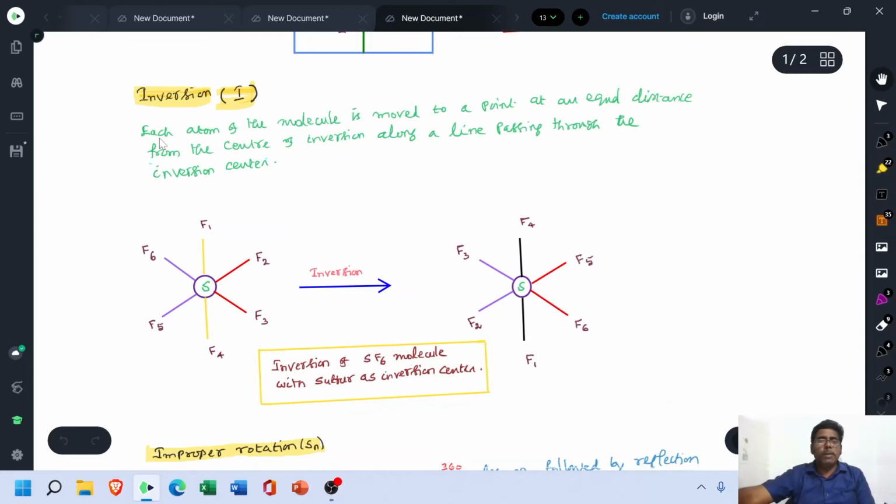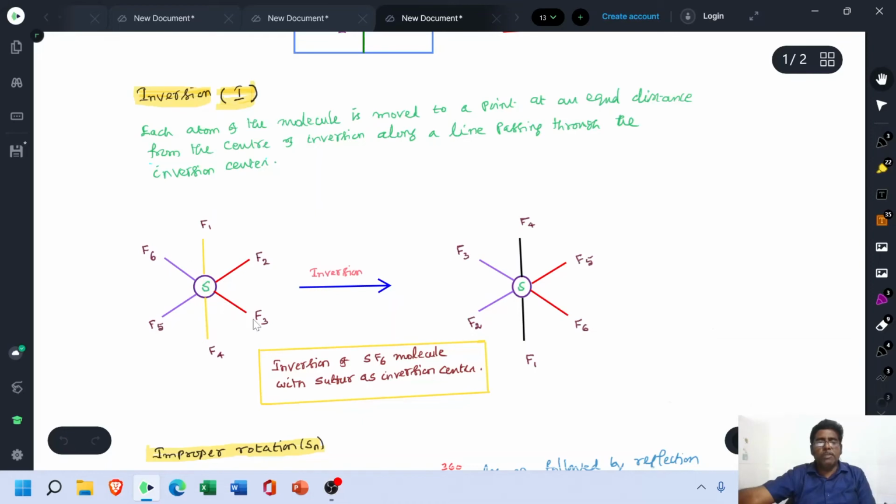Now read out this statement. Each atom of the molecule is moved to a point at an equal distance from the center of inversion along a line passing through the inversion center. See here, the distance of F6 is equal to the distance of F3 from sulfur.